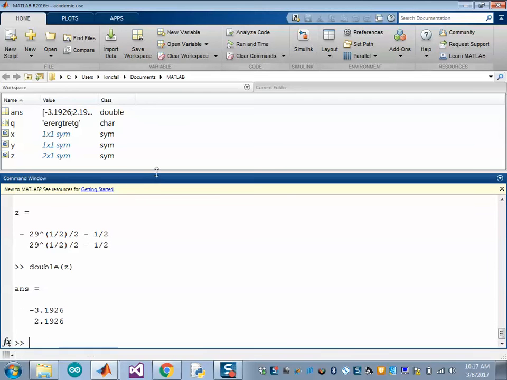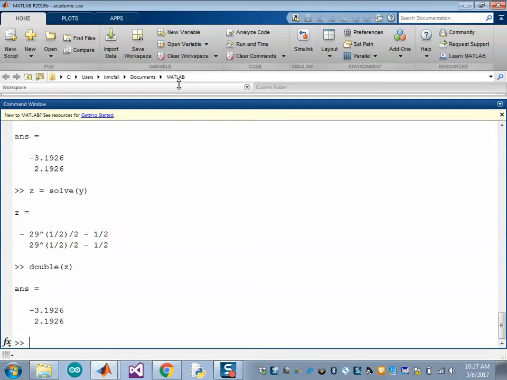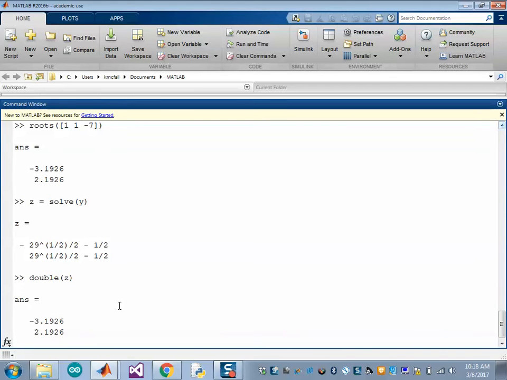When I convert z into a different data type, you can see I get the actual numbers, which gives the same thing as what roots did, because roots gives you a numerical result. The solve, when you pass to it a symbolic thing, will return symbolic stuff.